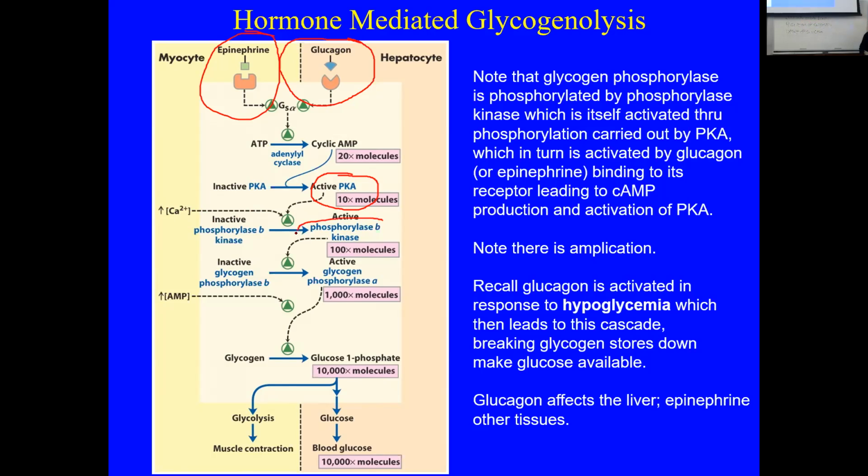So here's this phosphorylase kinase. It is active when it is phosphorylated. PKA is phosphorylating it, activating it, and in turn, it is going to phosphorylate and activate glycogen phosphorylase.